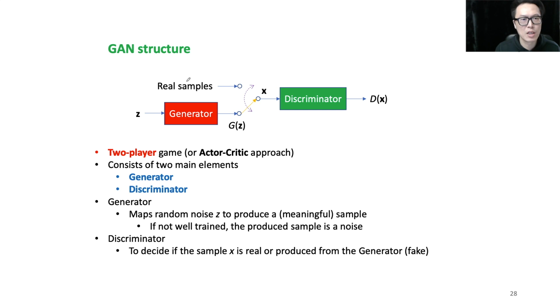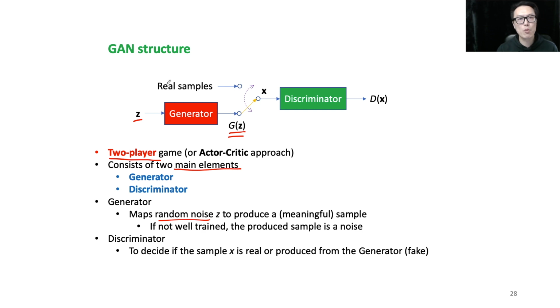The GAN structure, we call this the two-player game structure or adversarial approach. So instead of only having a generator, we are going to have a discriminator. So we have two main elements. The generator right here is going to map a random noise into some meaningful sample, denoted as G(z).